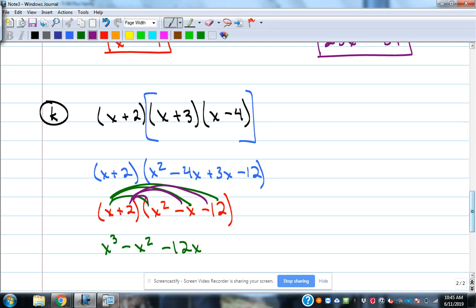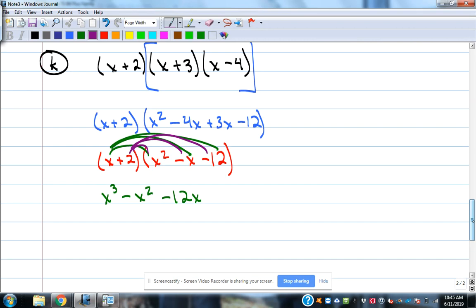And this is where that stacking comes in. This is where I do the stacking, is when I have a longer one like this. 2 times x squared would be positive 2x squared, and then a negative 2x, and then a negative 24. Again, I'm just stacking up like terms there.